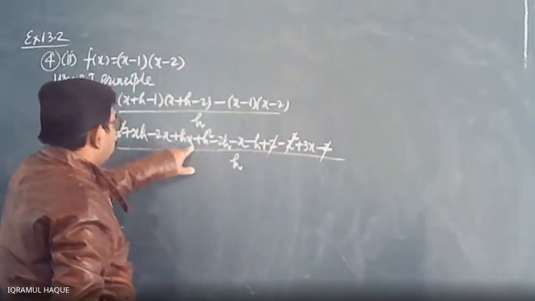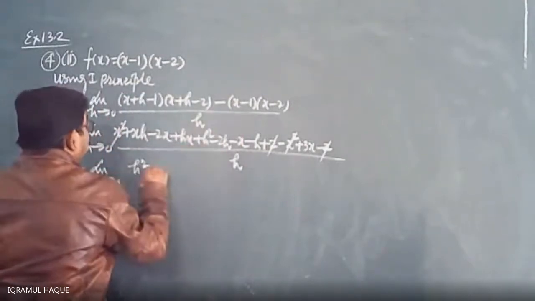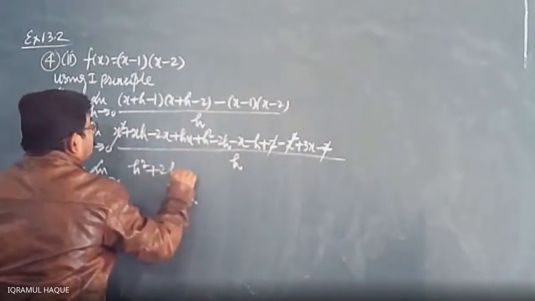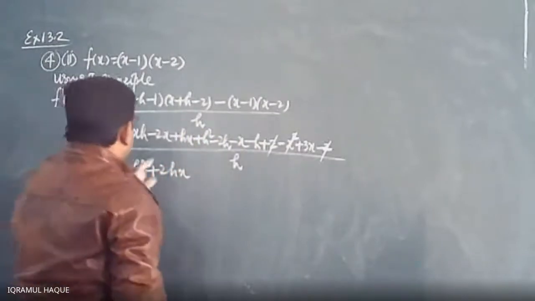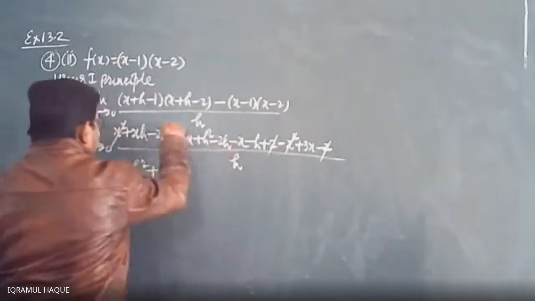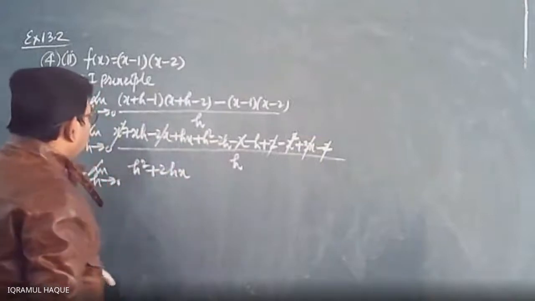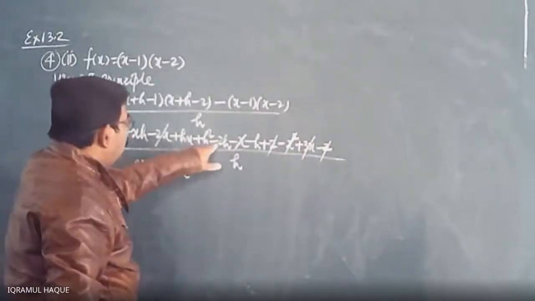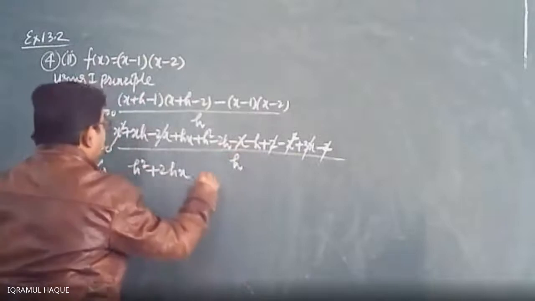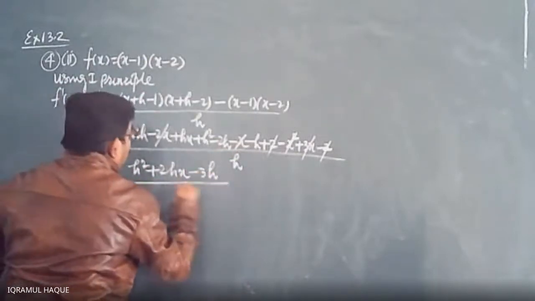We have plus 2hx. See, minus 2x minus x is minus 3x, and this plus 3x will go. What we have? Minus 2h minus h is minus 3h upon h.